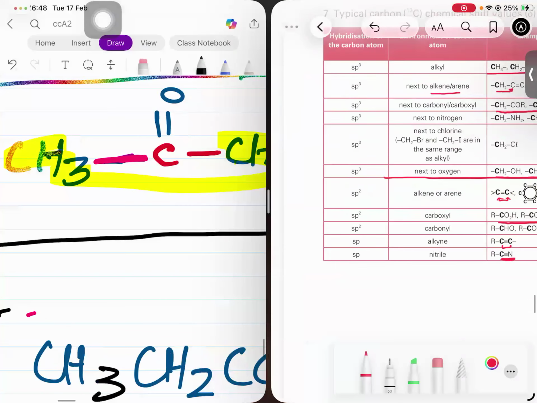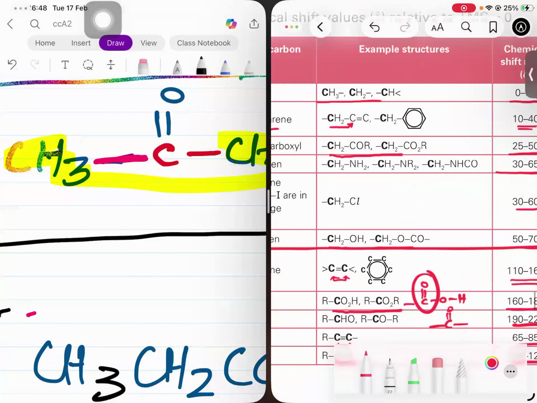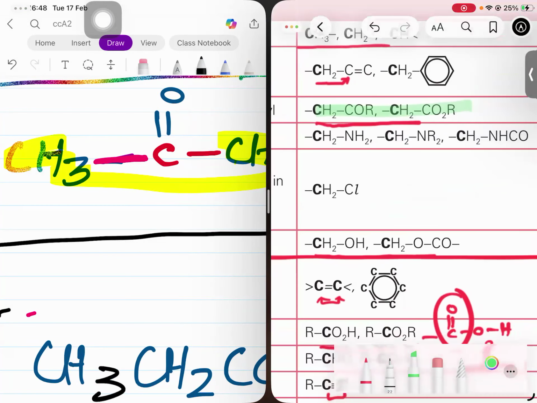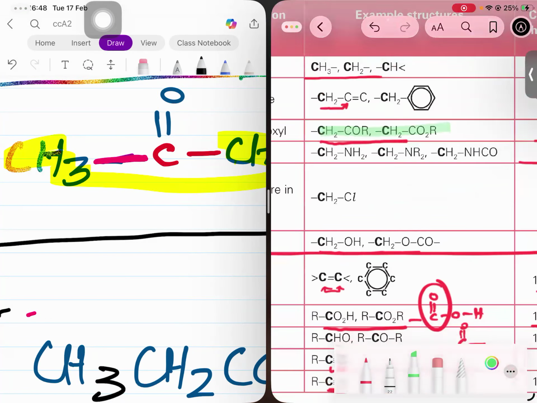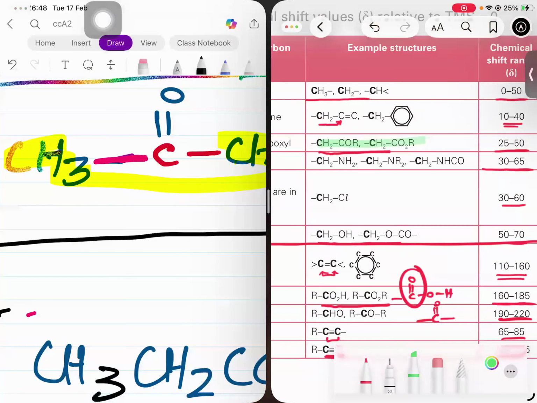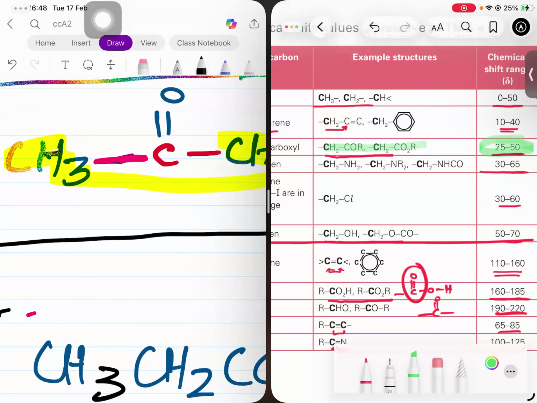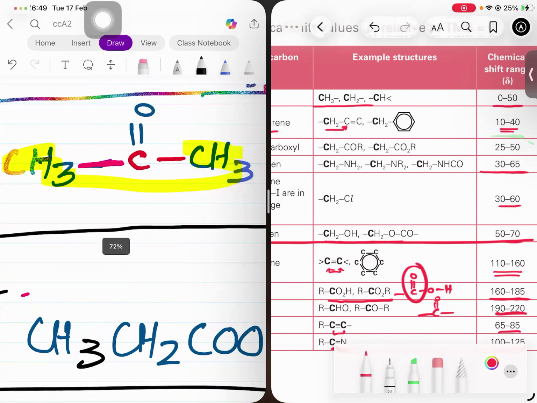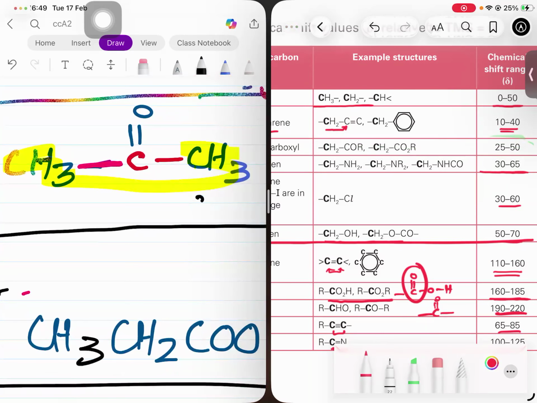Can you see next to C double bond O is this one? We are talking about this carbon. This is next to C double bond O. No, this is 25 to 50. We are talking about this, next to CO. Now you understood? Yes. 25 to 50. This one, the carbon that is neighbor of C double bond O.